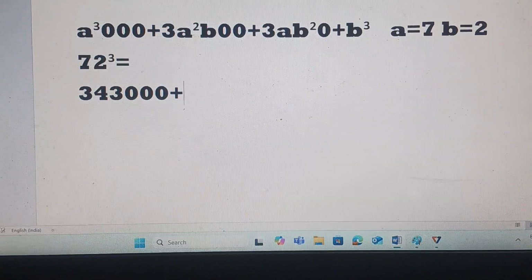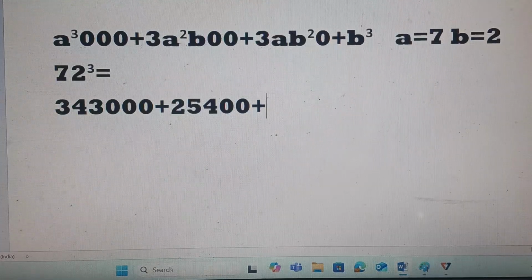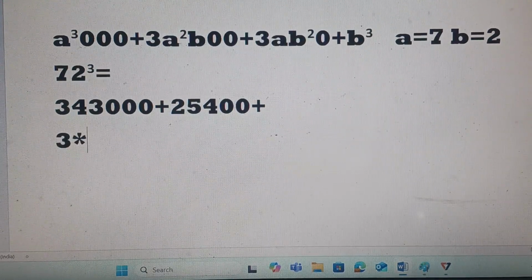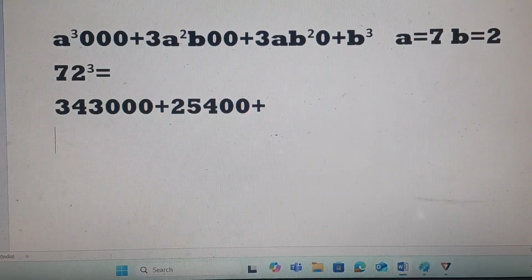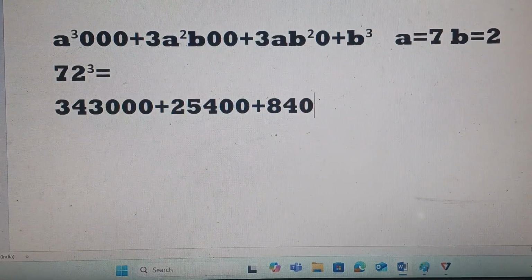So 294 and 2 zeros. Plus, next is 3ab squared with 1 zero. So here we have 3 times a, which is 7, times b squared, which is 2 squared, is 4. So 3 times 7 times 4 is 84 with a 0.